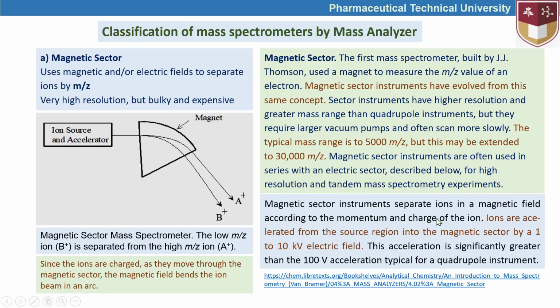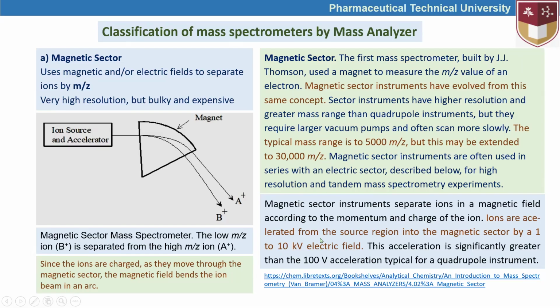Magnetic sector instruments separate ions in a magnetic field according to the momentum and charge of the ions. Since different molecules have different molecular weight and charge, we can expect this kind of separation in a magnetic field, resulting from the ion momentum and ion charge.